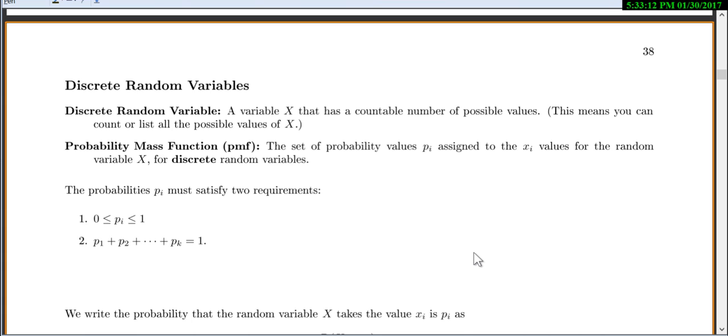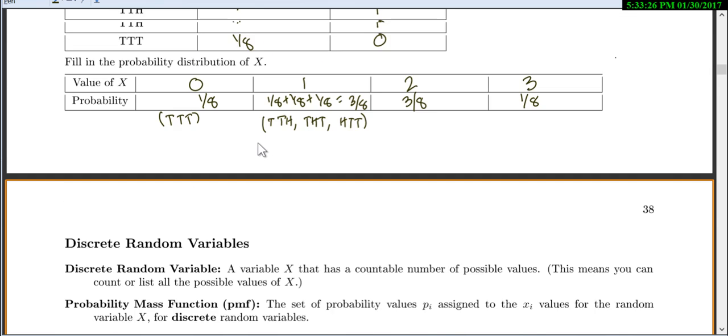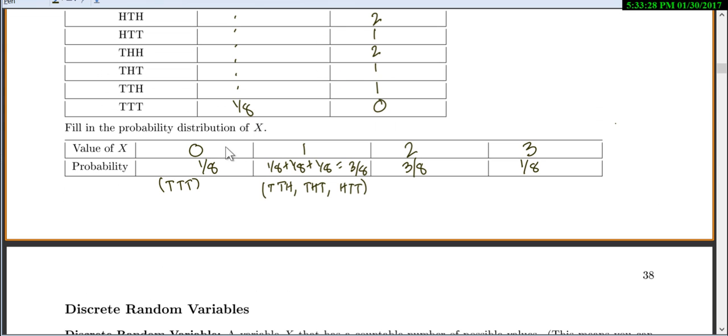And you have a probability mass function, which we call a PMF, which is the set of all the probability values, pi, assigned to each x value for the random variable. Discrete random variables have a PMF. So this little thing right here, which had each value of x and each probability, is a PMF, or a probability mass function.